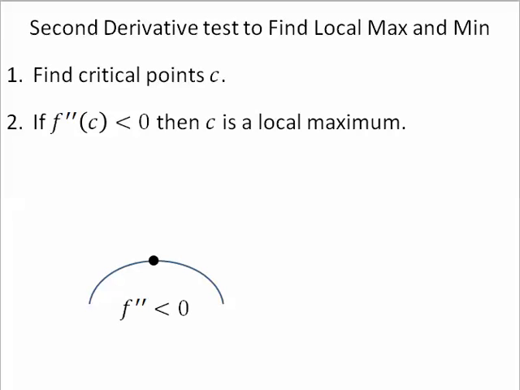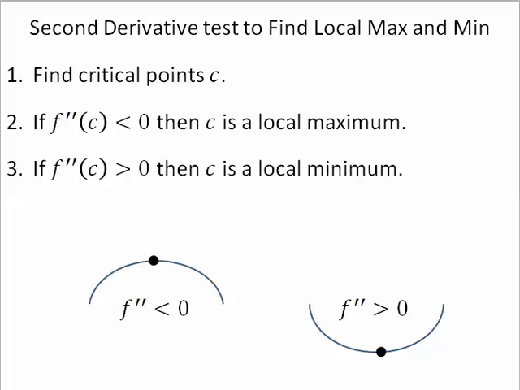Then, if at a critical point the second derivative is negative, then your function is concave down there, telling you that your critical point is a maximum. So a negative second derivative goes along with a local maximum. If the second derivative is positive at your critical point, then you have a local minimum.